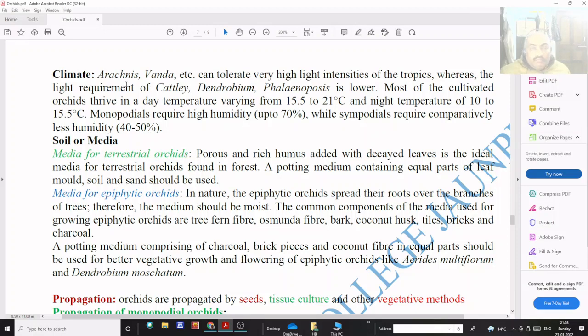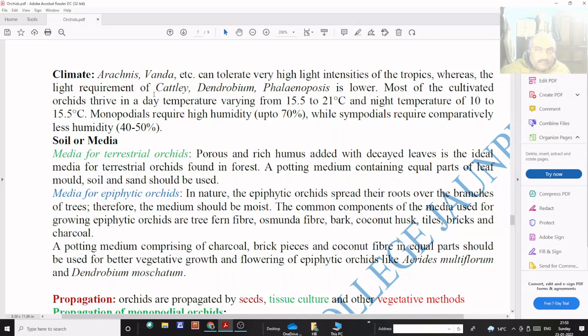You cannot recommend a single climatic condition for the cultivation, growth and development of orchids in their entirety.